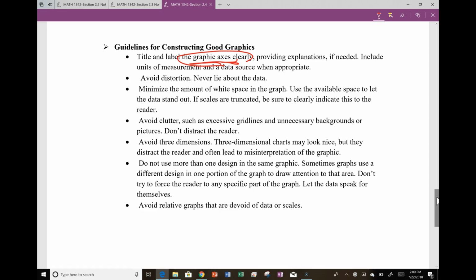Describe what the data represents. Include units. You've seen me include seconds, millions, thousands, that type of thing. Avoid what we call distortion. In other words, never lie about your data. If your data is skewed, your data is skewed. If you have an outlier, you have an outlier.